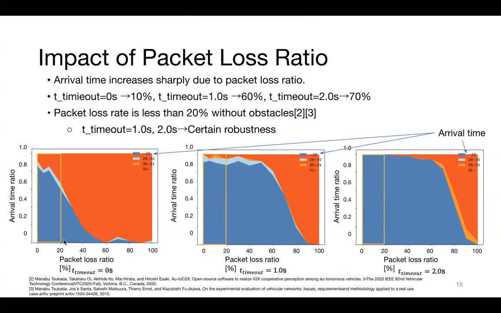Here, according to a study that conducted a practical evaluation of V2X, it was found that the packet loss rate was 20% or less in places where obstacles such as walls did not intervene. This result suggests that this method has some robustness against packet loss when the timeout time is 1 second or 2 seconds.